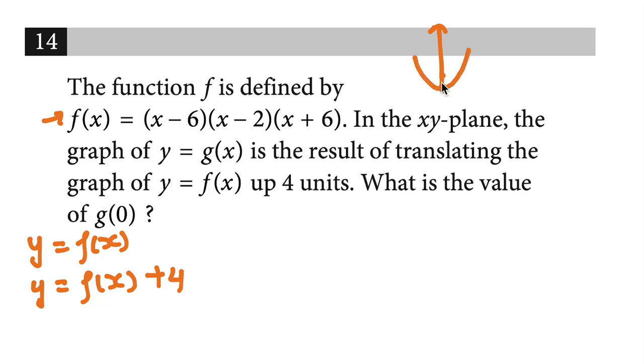So if you add some value to the function but don't disturb the x value, it will shift up that many points. For example, f of x plus 4 moves up 4 points.